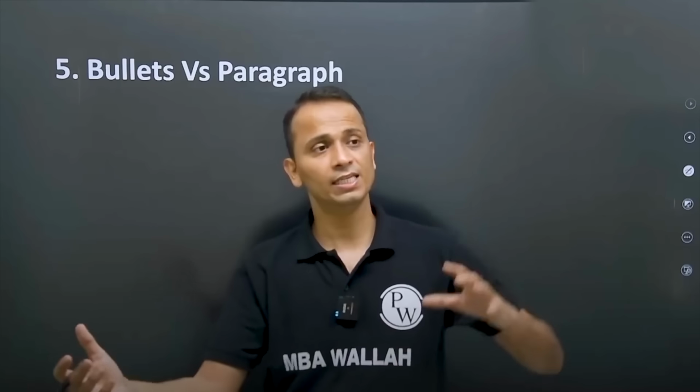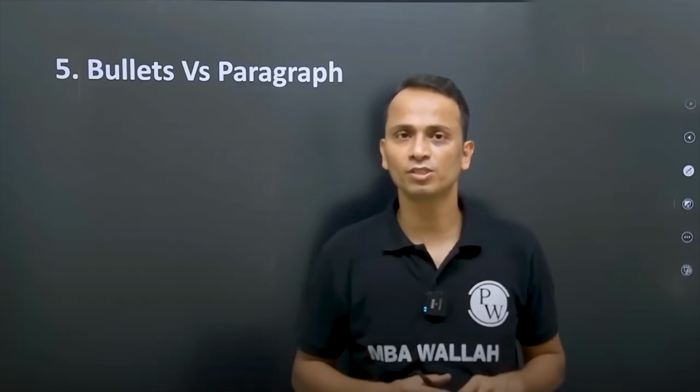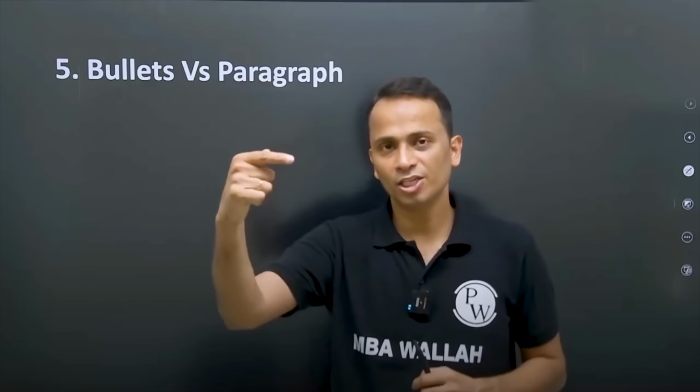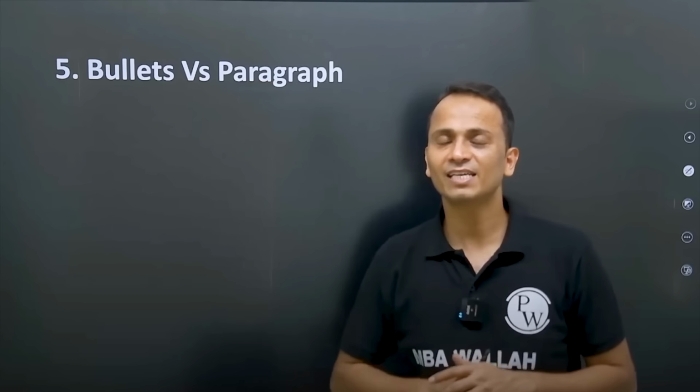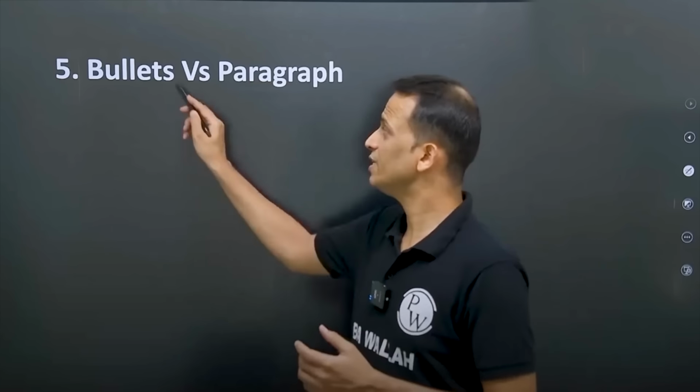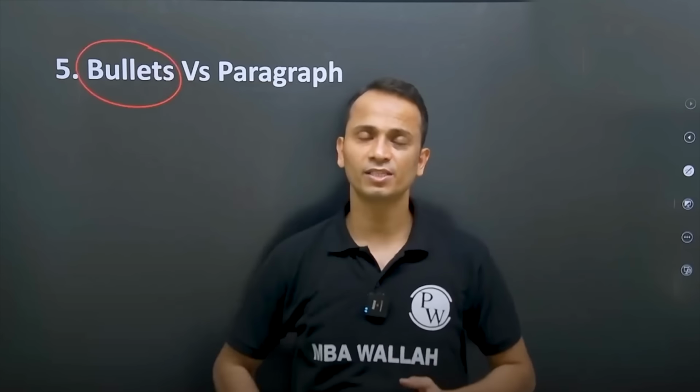On the other hand, the same set of instructions is converted into bullet form: condition number 1, condition number 2, condition number 3, 4, 5, 6, and so on. Now, which one of these is easier to handle? Obviously, the data in the form of bullets. Why?